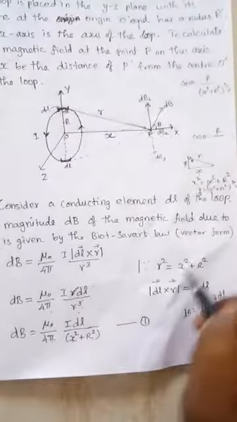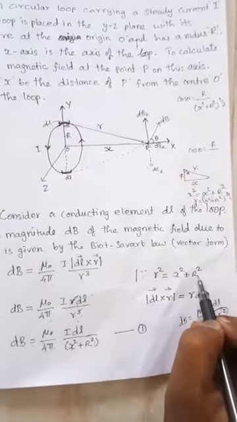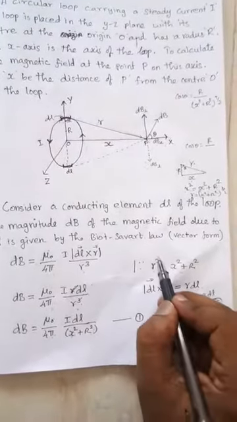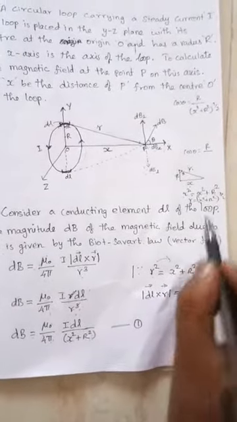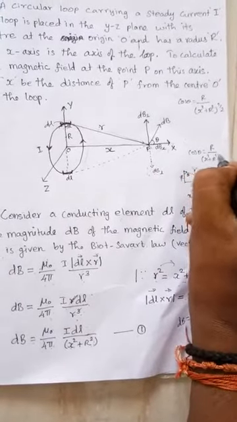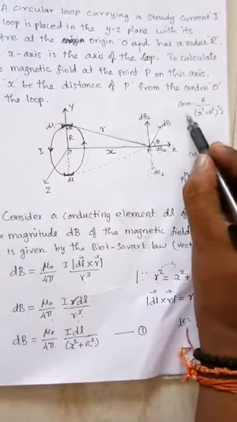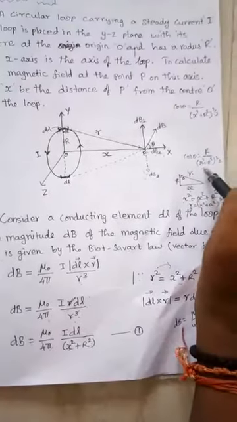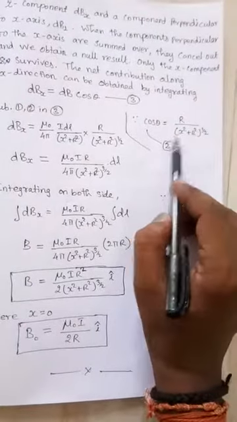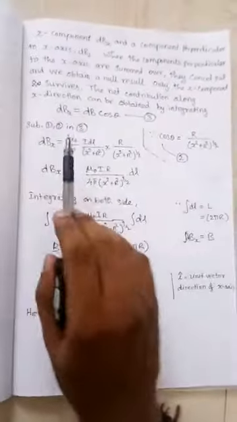Already you know by the Pythagoras theorem that r square is equal to x square plus R square. Taking the square root on the right-hand side, r is x square plus R square whole power 1 by 2. So cos theta is equal to R by x square plus R square whole power 1 by 2.